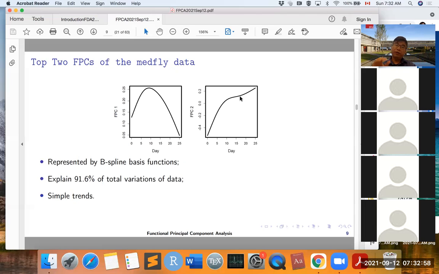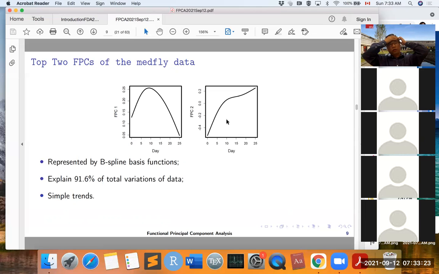And the second most prominent feature of the data is the variance, right? So in terms of the curve, the first LPC will be the mean and the second LPC score will be the variance of the curve over time. Maybe that's the reason.